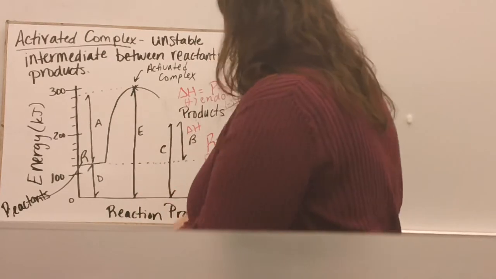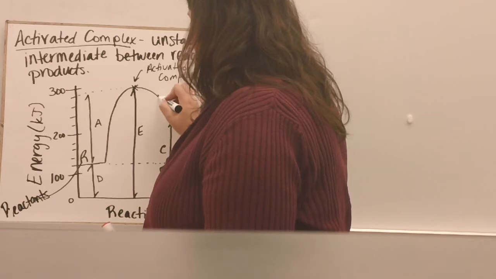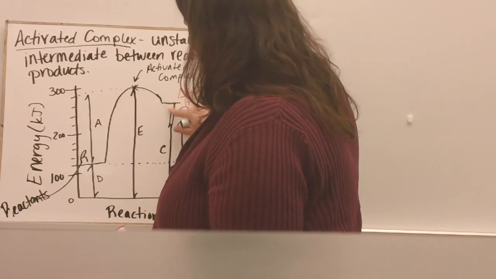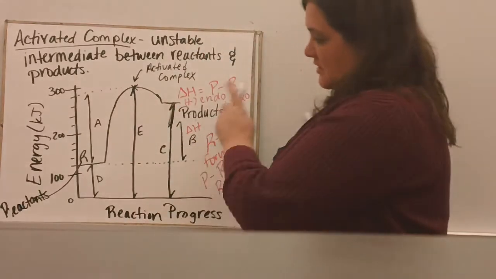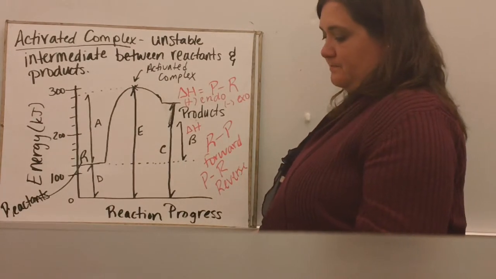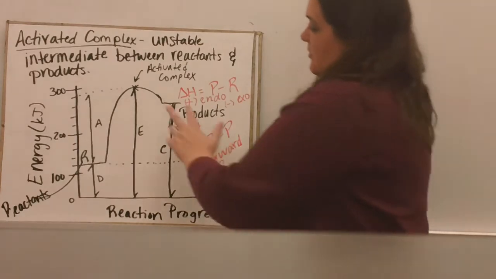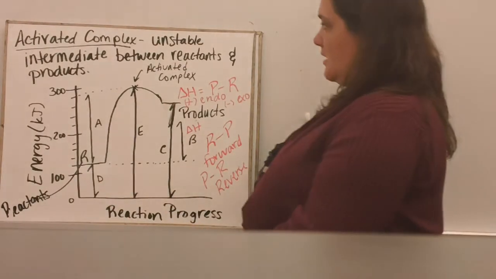I apologize. So 260 for your diagram. The difference would be from 260 to 120, and that would be 140 kilojoules. And question 4 wants to know if it's endothermic or exothermic, and since our product energy is higher than our reactant energy, that is endothermic.